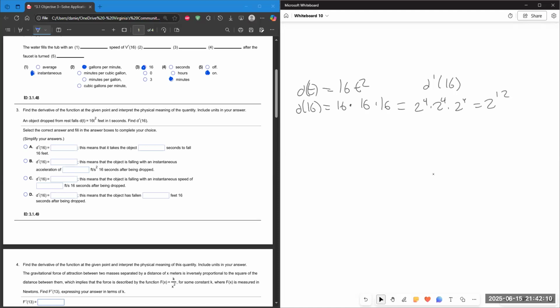I know 2 to the 10th is 1024, so 1024 times 4 is 4096. So d of 16 is 4096.